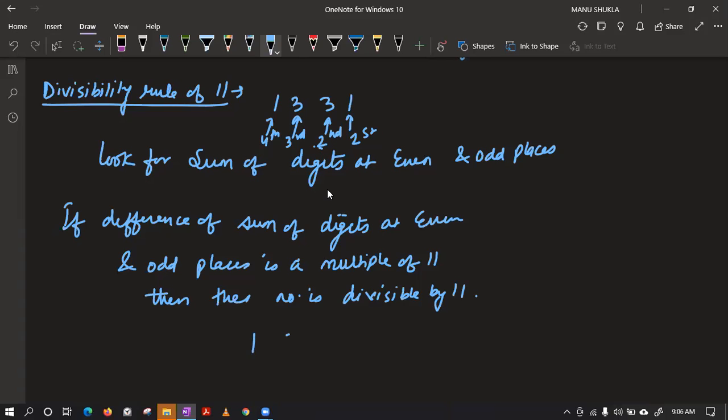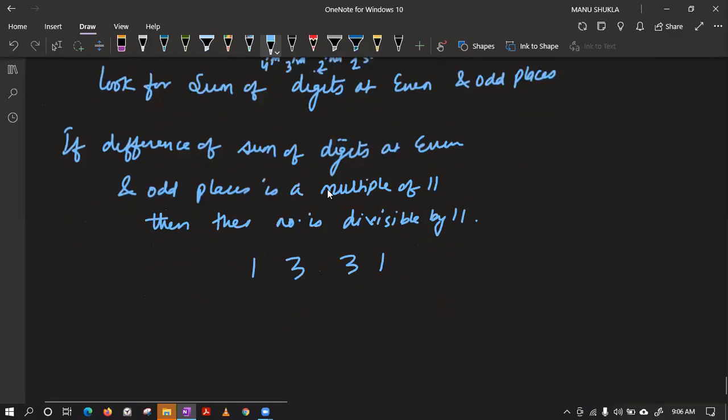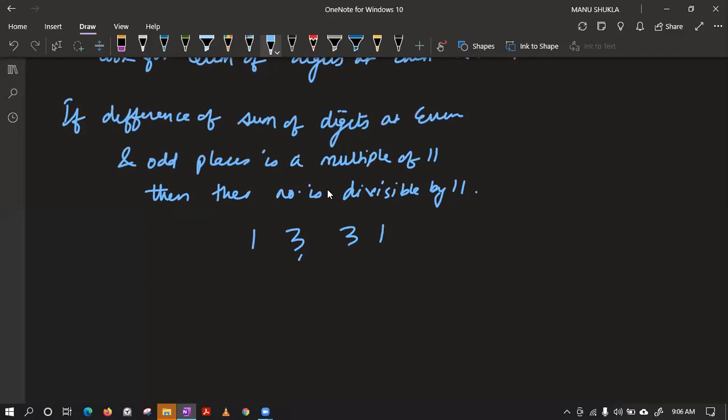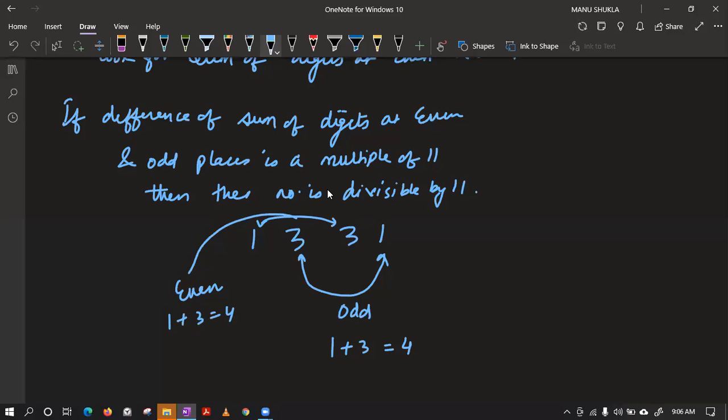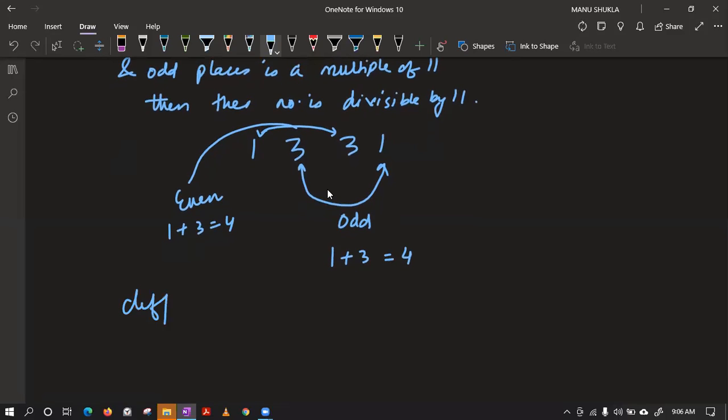So we had the number 1331. What we have done is, we have seen that these two are coming at odd places and these two are coming at even places. So we have to find their sum. So 1 plus 3 is equal to 4. 1 plus 3 is equal to 4. The difference is how much? 4 minus 4 equal to 0.